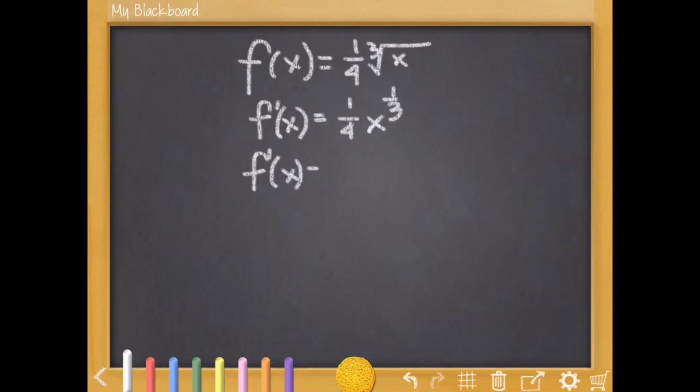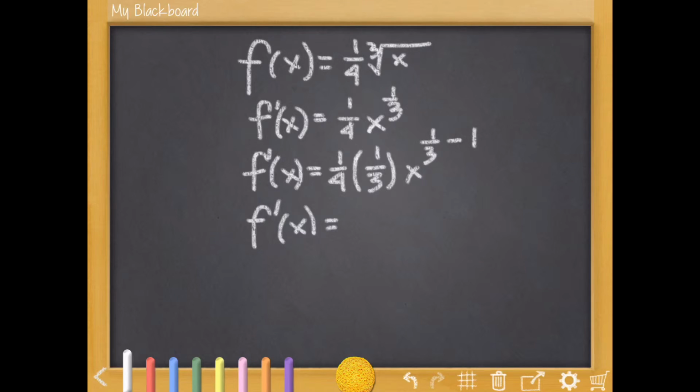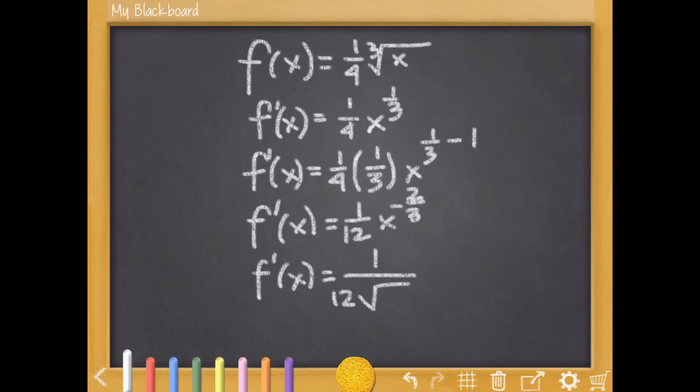It becomes f prime of x is equal to 1/4 times its exponent 1/3 x raised to 1/3 minus 1. And then it becomes 1 over 12 x raised to negative 2/3. For the final step, we're going to change it into its radical form, which is 1 over 12 cube root of x squared.